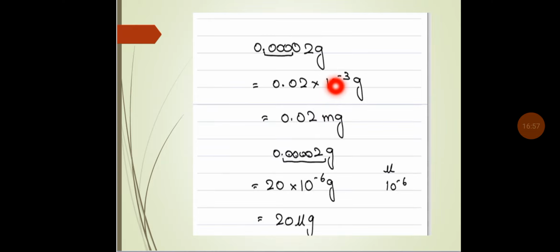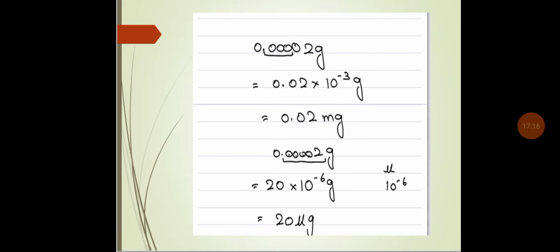Now 10 power minus 3 equals milli, so it is 0.02 milligram. Now for 0.000020 gram, counting 1, 2, 3, 4, 5, 6, it will be 10 power minus 6 gram. 10 power minus 6 equals micro, so it will be 20 microgram.